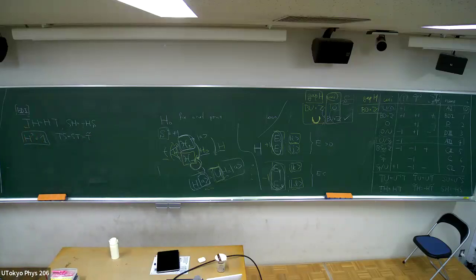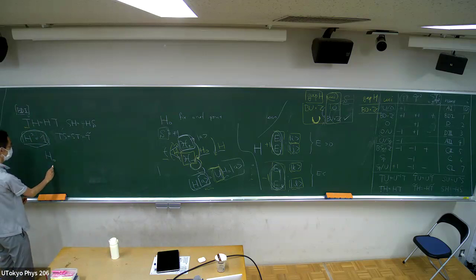Right, so this is the BDI. And now we want to impose this additional constraint that H squared is 1. You pick a reference point and you want to parameterize other H's, right?